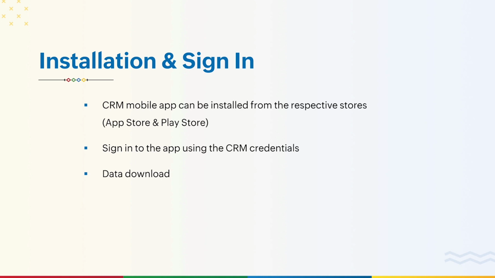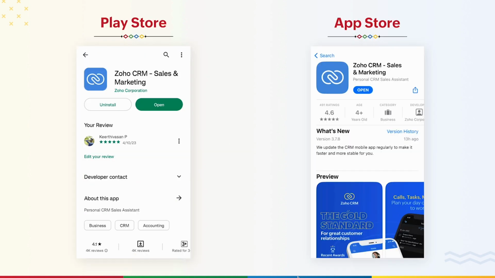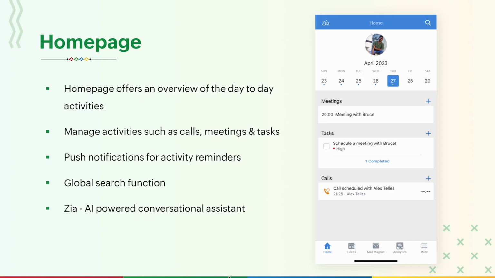This means you can access the CRM mobile app even in the offline mode and you'll still be able to view the records and carry out actions that will get synced automatically once the app is connected to a strong internet connection. I have added the images of the CRM mobile app from the Play Store and the App Store for your reference.